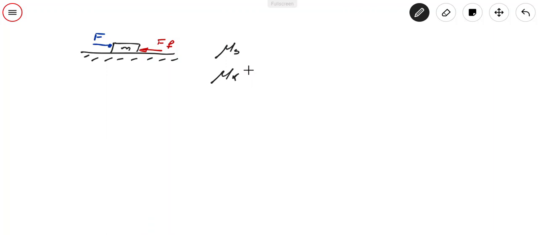We're talking about static friction when the block is not moving yet, right? So you are applying a force, but the block is not moving because there is a force of friction that has a direction opposite to the direction of the force that you apply, that then it's just keeping the block at rest.